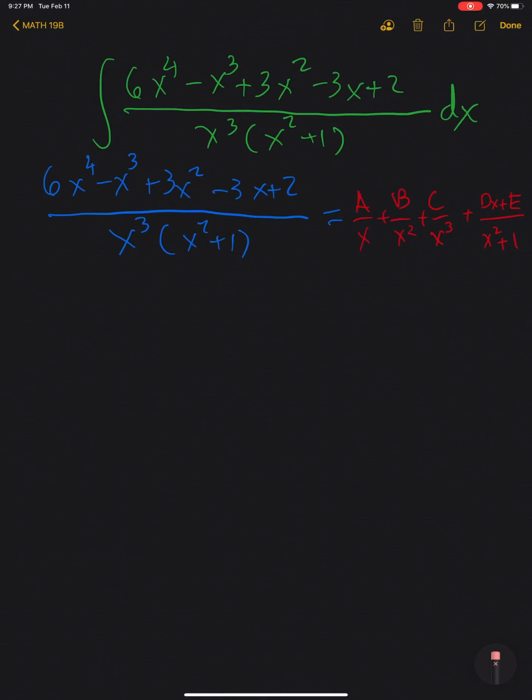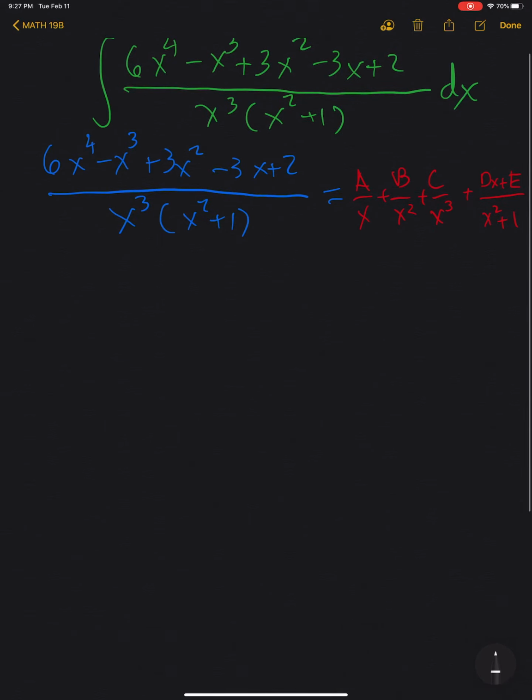What I need to figure out now are the values for A, B, C, D, and E. We're going to work out this expression to build a system of equations. So the next step is to actually work out the expression to find the system of equations.